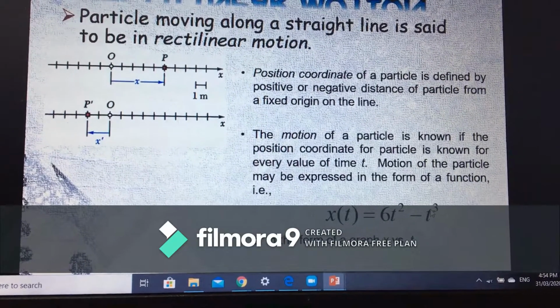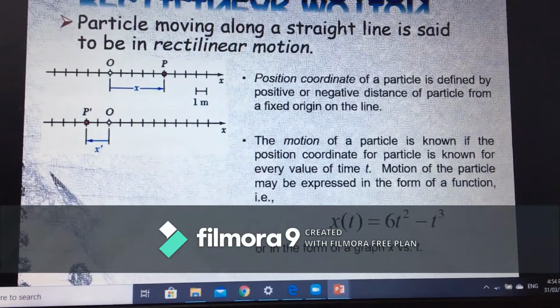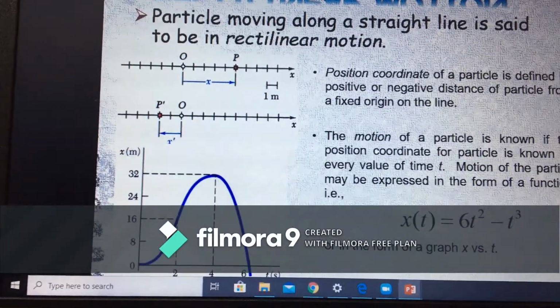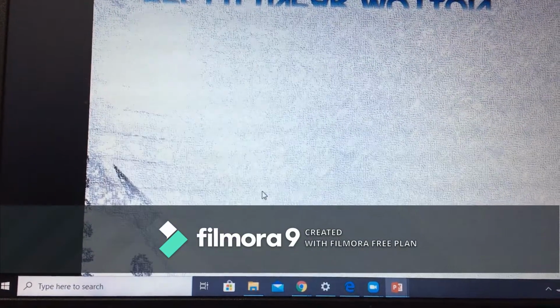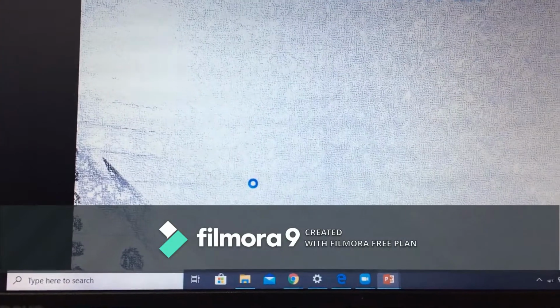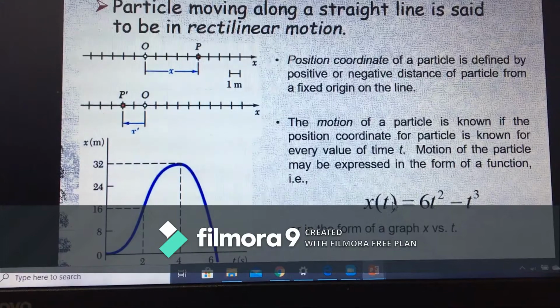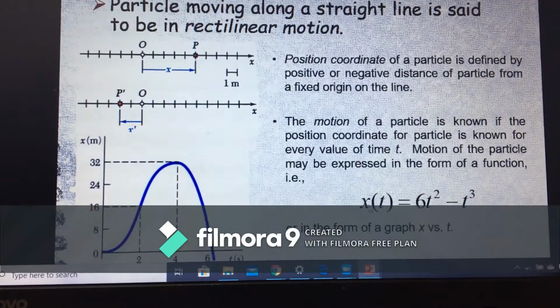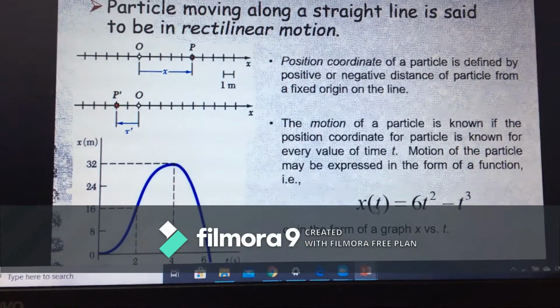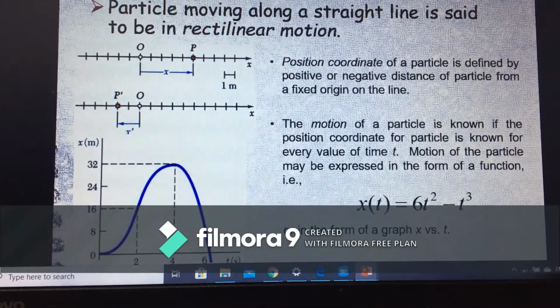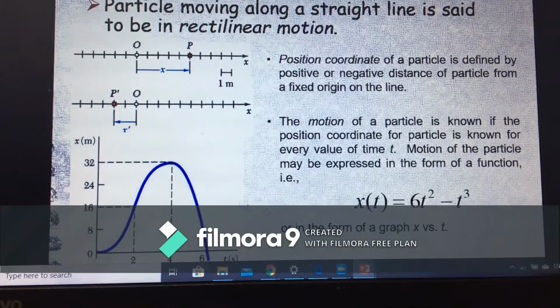We can graph x versus time, as you can see in this picture on the left side. Is it clear, class? This means that if you graph this function, x as a function of time, this is the graph that we will see.